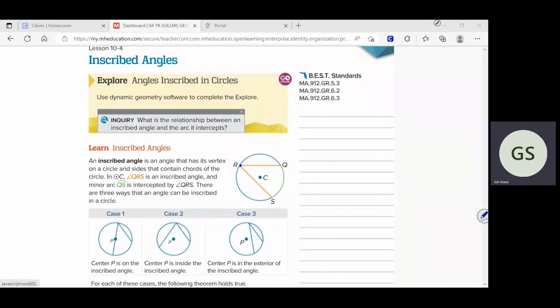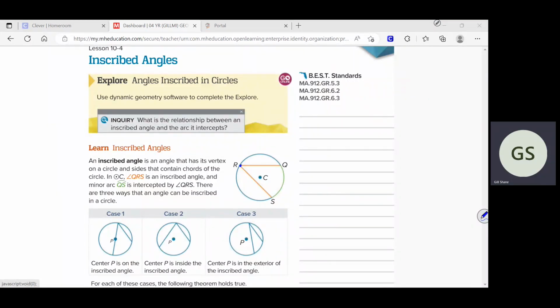You see that word inscribed, whether it could be an inscribed angle, an inscribed triangle, an inscribed quadrilateral, any shape, polygon that has the word inscribed in front of it, means every vertex, every corner is going to be a point on the circle. Not the center of the circle anymore, a point on the circle.